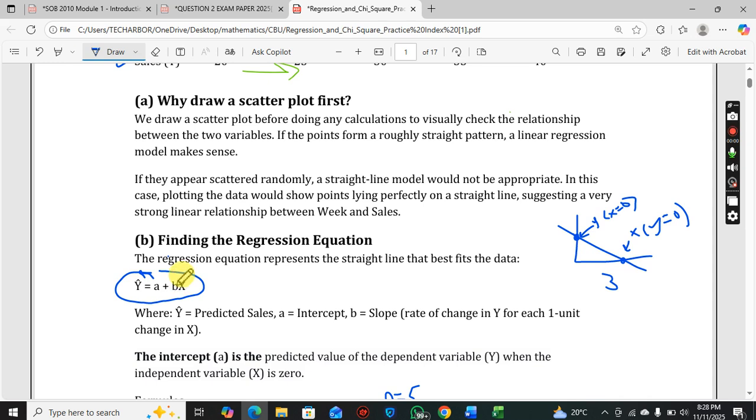A represents the intercept. It's the cells when the number of weeks is 0, and B represents the slope, the rate of change in the cells as the weeks increase by 1 unit. Are we okay with that, sir?